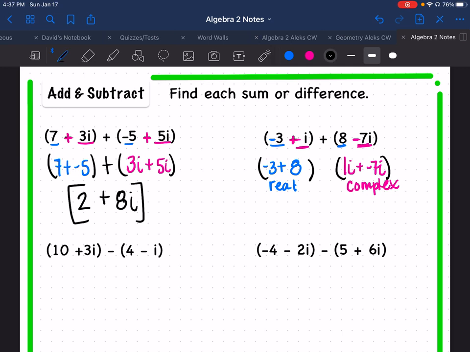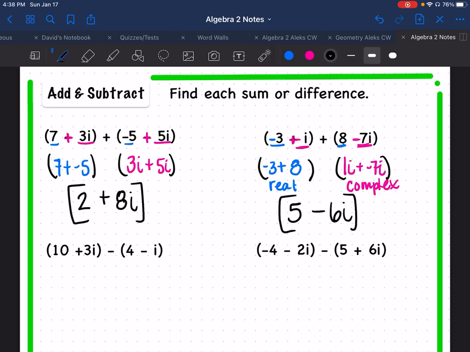So -3 plus +8, or 8 minus 3 would give me 5, and 1 plus -7 would give me -6i, and that would be my answer, even though I'm adding, right? I don't need to think of there being a plus here. I don't really need that to be there. So I'm going to go ahead and get rid of that there.